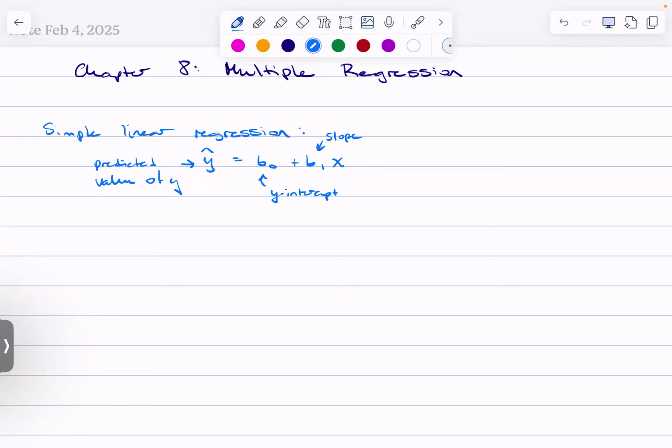But I want to focus on the slope, because multiple regression, just as a preview, is going to look like this: y hat equals b0 plus b1 x1 plus b2 x2 plus, all the way up to bk xk. We usually use k.